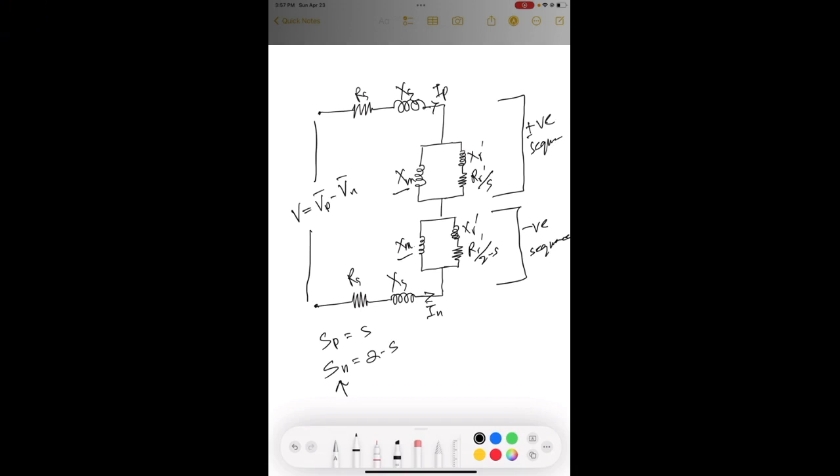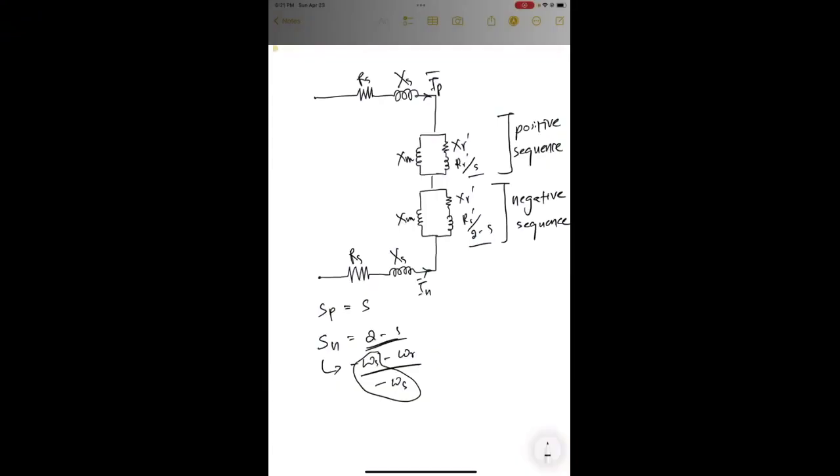Normally for negative sequence, we will have slip equal to minus omega S minus omega R divided by minus omega S. So, reversing the rotation of the rotating magnetic field, we will get the slip, which is 2 minus S. And to get this, both IP and negative IN are equal in magnitude but opposite in phase, equal to j IB by root 3.